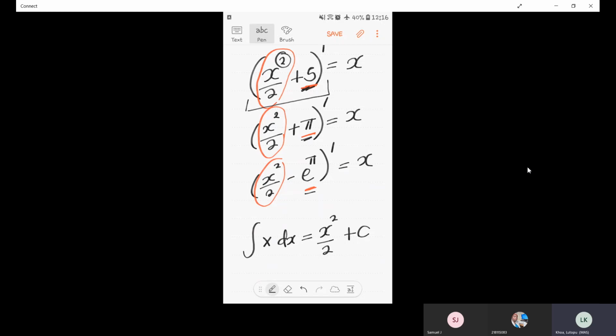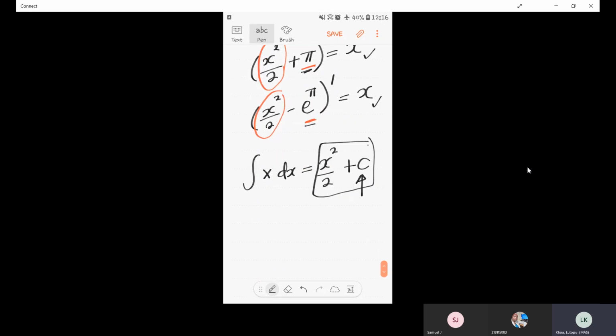So it's some constant, because when I differentiate this function now, the constant's derivative will be equal to 0, and I will still end up with x like I did over there. So when we have an indefinite integral, we must always have a constant just to represent the cases where you have terms that when you differentiated them, they ended up as 0. Okay, so this is the indefinite integral.